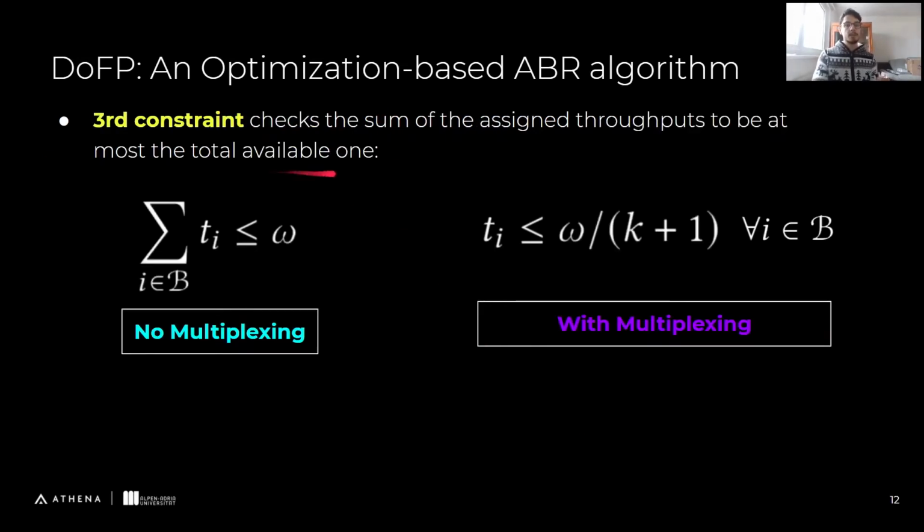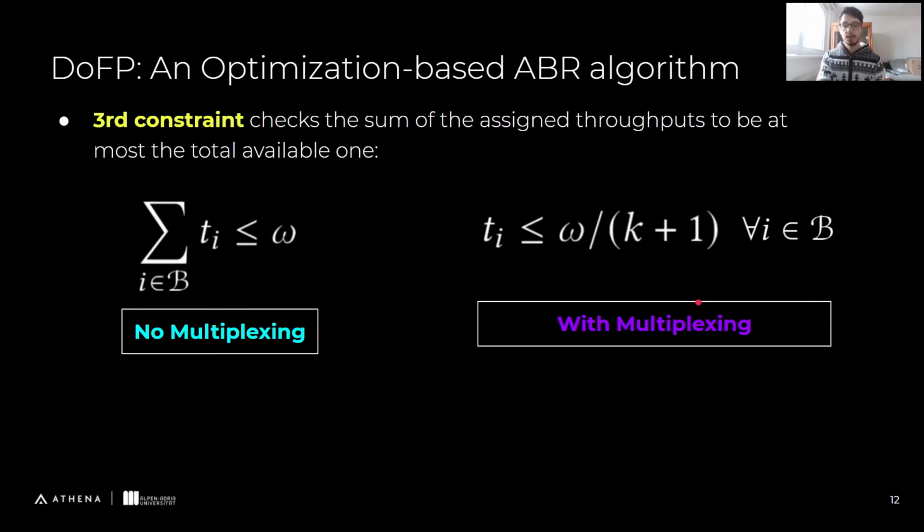The third constraint checks that the sum of the throughputs assigned to each segment is at most equal to the available throughput. We can see here, if there's no multiplexing, so in normal conditions, the sum of the throughput assigned to each segment needs to be lower or equal than the available one.